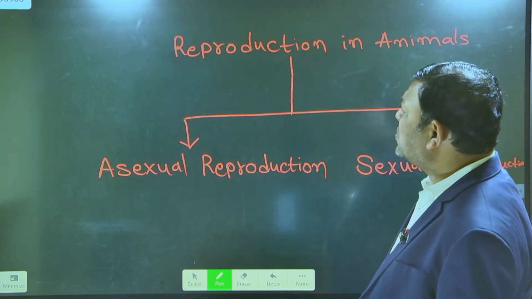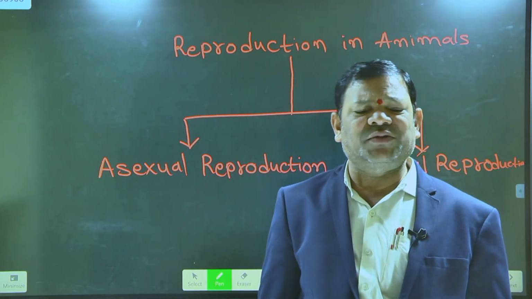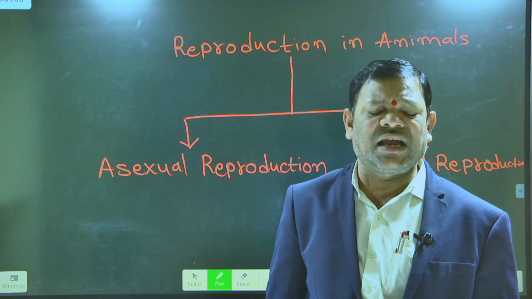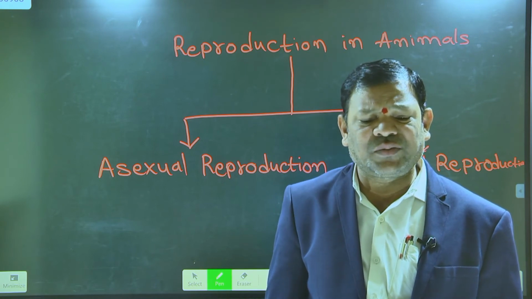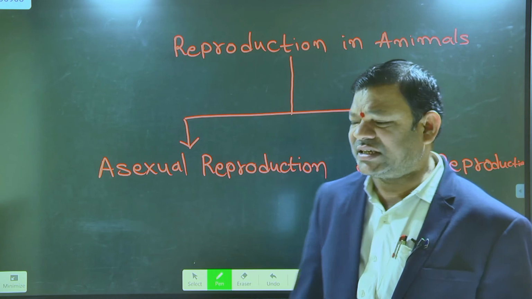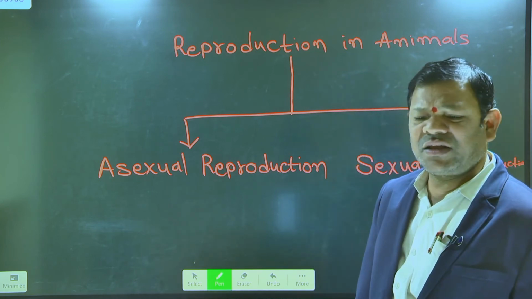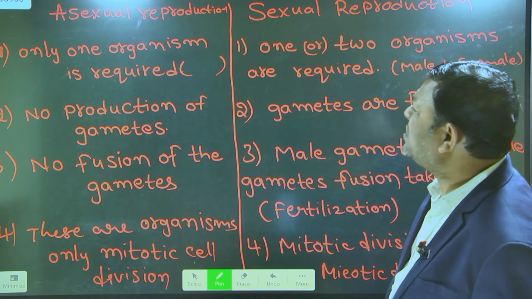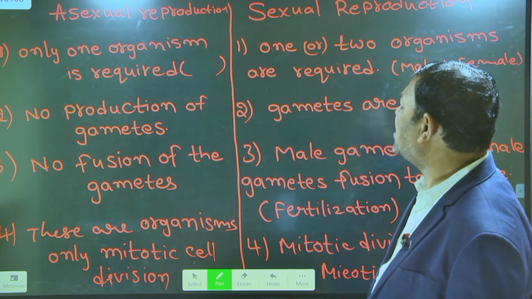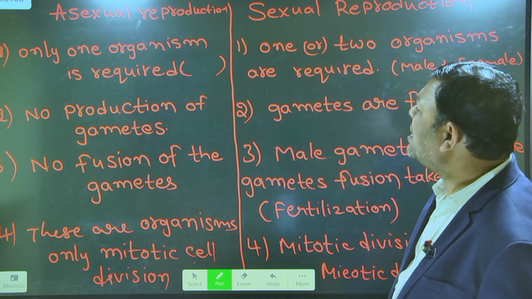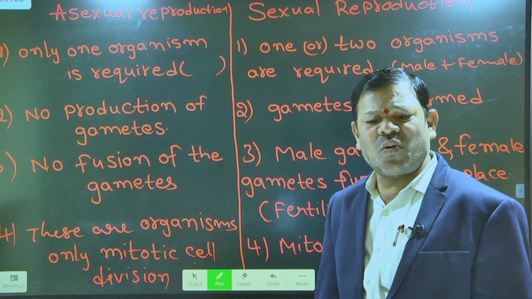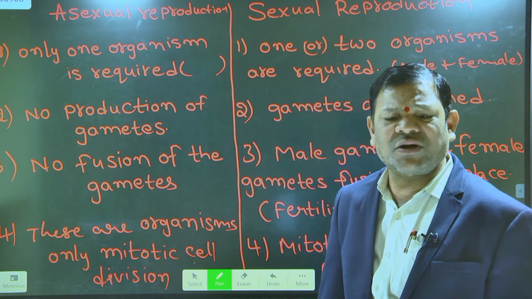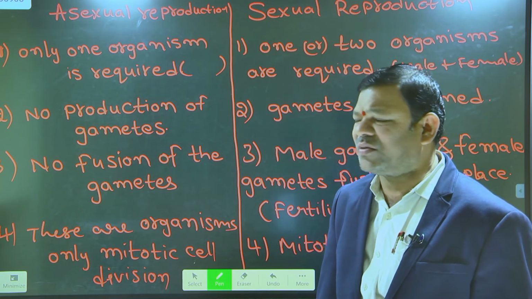Next. Two types of reproduction we can see in animals: asexual reproduction and sexual reproduction. Differences between asexual and sexual reproduction: in asexual reproduction, only one organism is required.